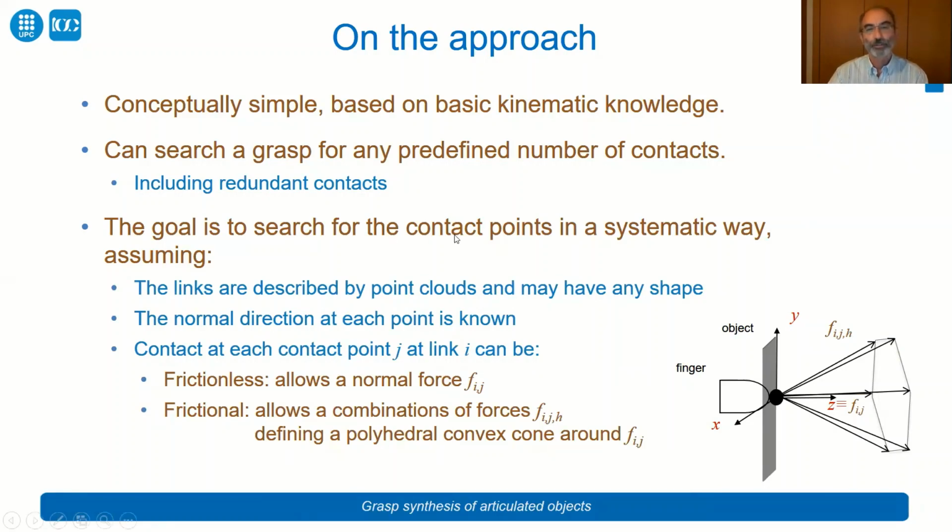And the goal is to search for contact points in a systematic way, assuming the links are described by point clouds and may have any shape. The normal direction at each point is known, and contact at each contact point can be either frictionless, allowing a normal force only, or frictional, allowing combinations of forces inside the polyhedral convex cone that approximates the friction cone.